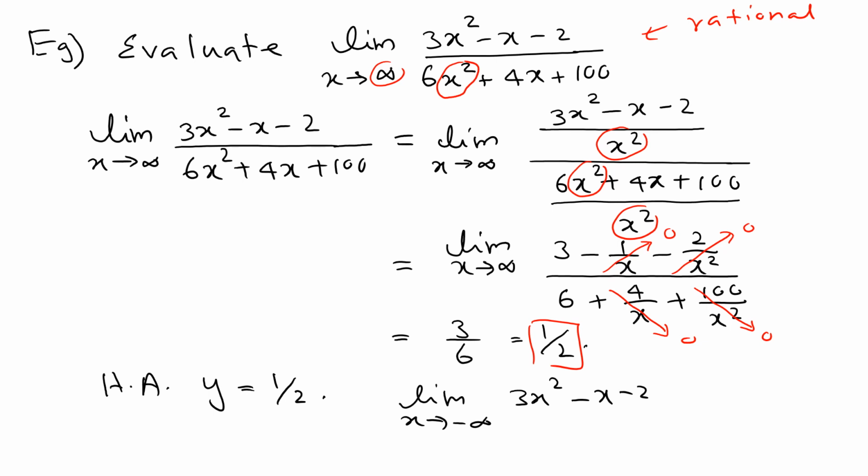That is the reason why rational functions do not have more than one horizontal asymptote. Even when x goes to negative infinity, it's still 1/2. You get the same value.